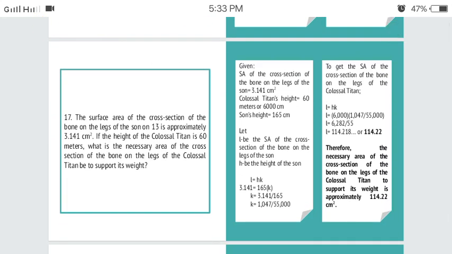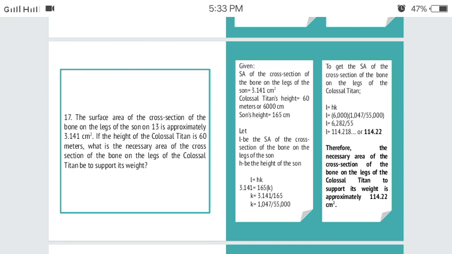17. The surface area of the cross-section of the bone on the legs of the son on 13 is approximately 3.141 centimeters squared. If the height of the colossal titan is 60 meters, what is the necessary area of the cross-section of the bone on the legs of the colossal titan to support its weight?